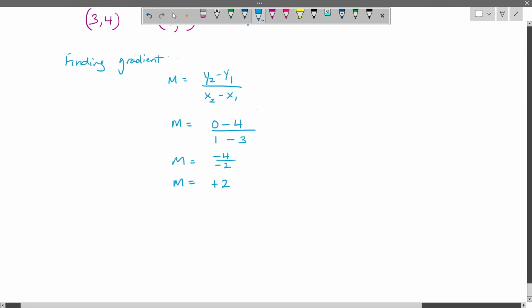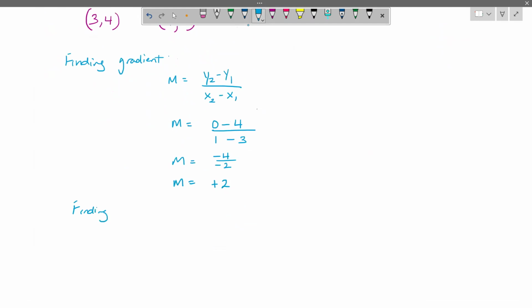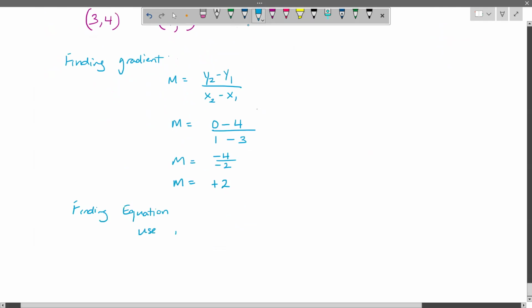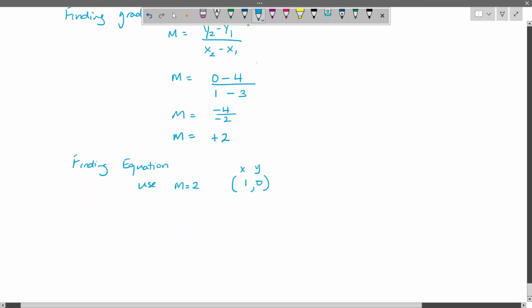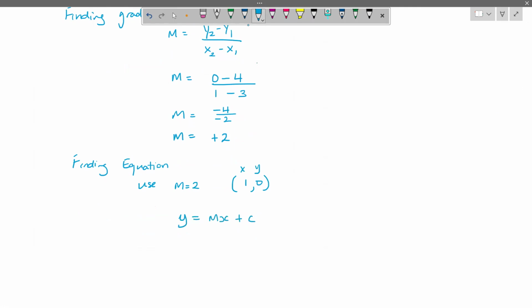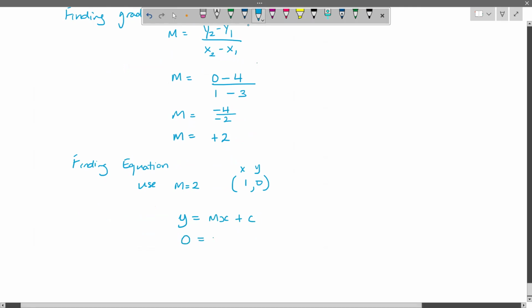And then for finding the equation, we will use m to be 2, and I'm going to use 1, 0 for my x and y values. Right? That's an easy one to use. So y is equal to mx plus c. Y here will be 0. M is going to be 2.